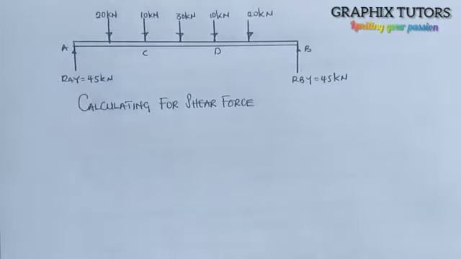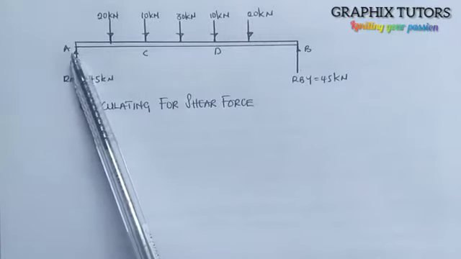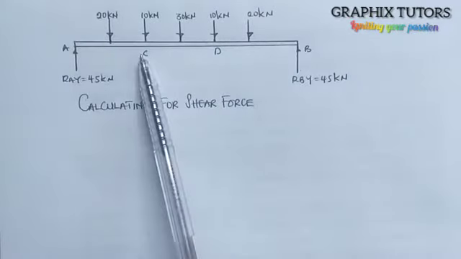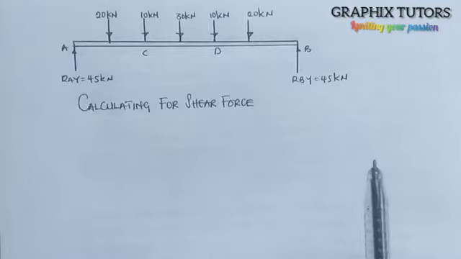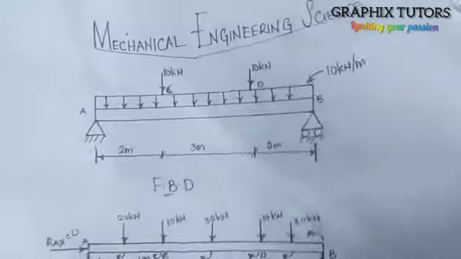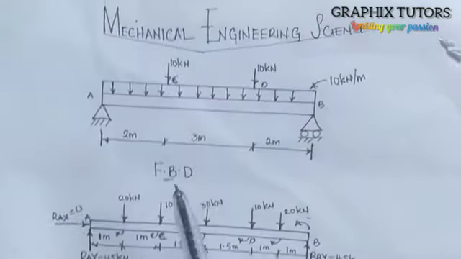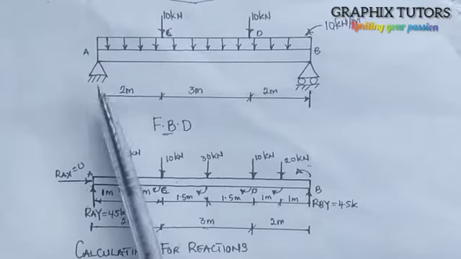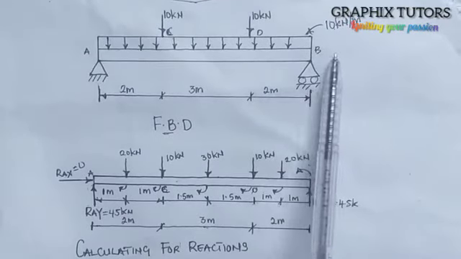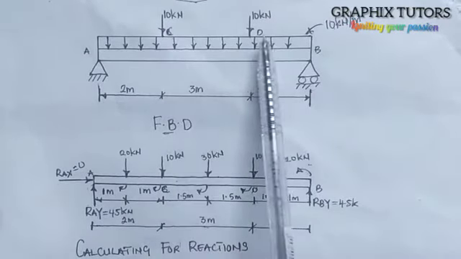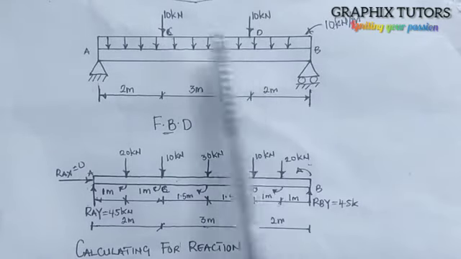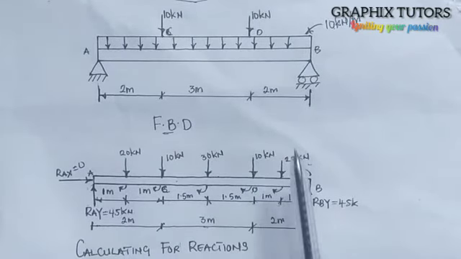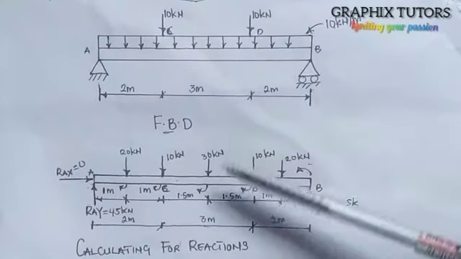We have only 4 points, point A, point B, point C, and point D, just like in our diagram here. Because on our main diagram, you see this is point A, point B, point C, and point D.